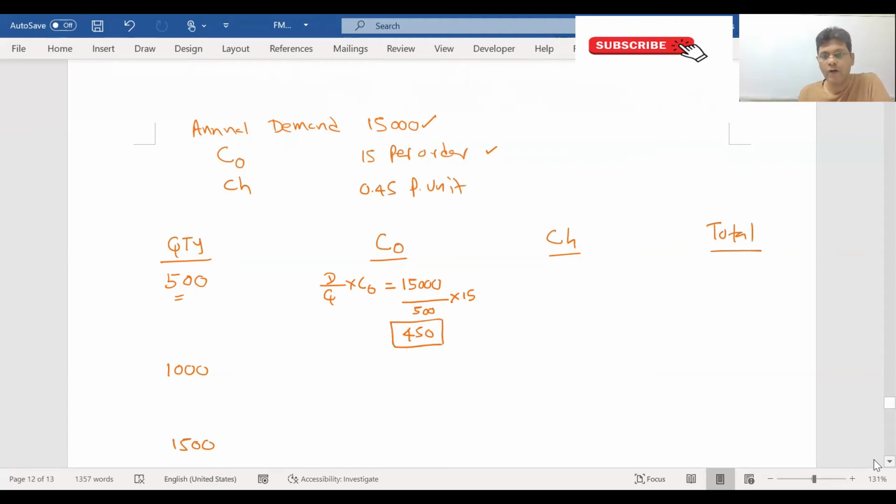And what will be the holding cost? Holding cost should be calculated based on the average inventory times CH. So average inventory will be 500 divided by 2 times 0.45 per unit. When you simplify this, that will be around 113.